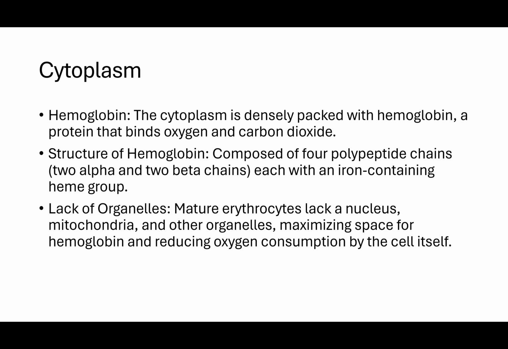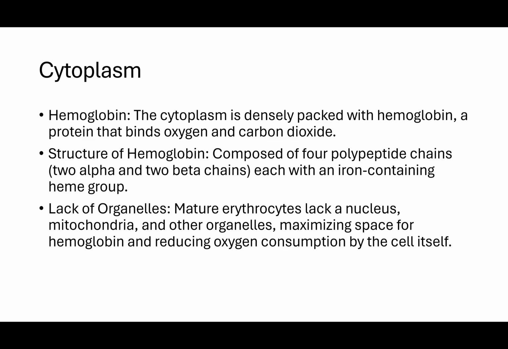Different alpha and beta globulins are associated together with their prosthetic groups, which are the heme groups, which are ligand chains containing iron, iron 3 plus. That's why the blood is red, because iron 3 plus is a red ion.